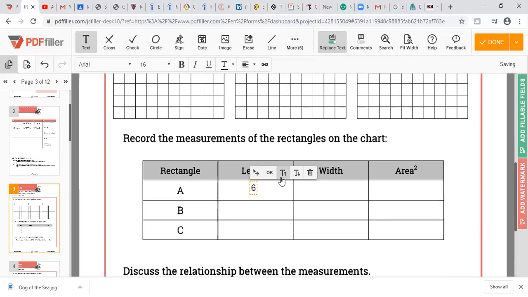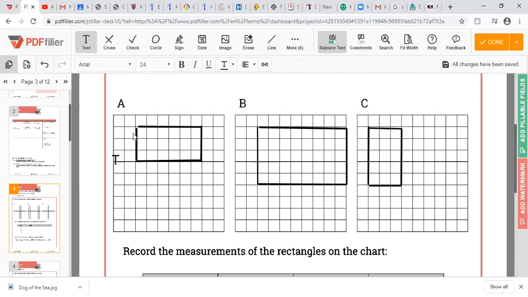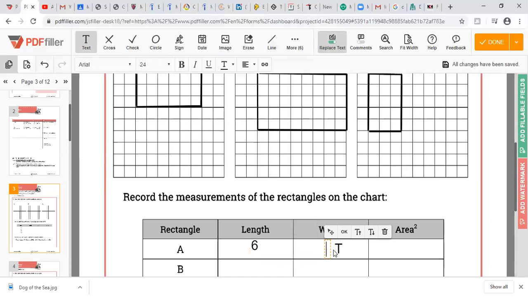All right, and then my width is 1, 2, 3. My area, I know that area is equal to my length times my width. So 6 times 3 is going to give me 18 square units.